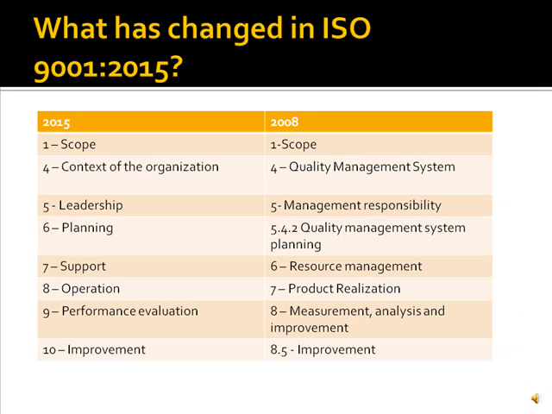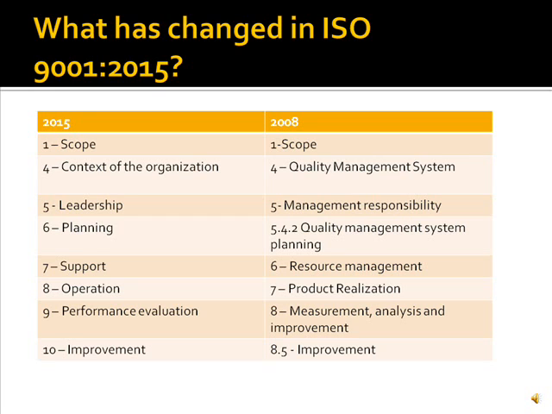All right, let's get into a little bit of what are the differences, just as a quick overview. Scope stays the same in both. Section 4 in 2015 is context of the organization, which was quality management systems. Section 5 becomes leadership, which is important, and was related to Section 5 management responsibility.